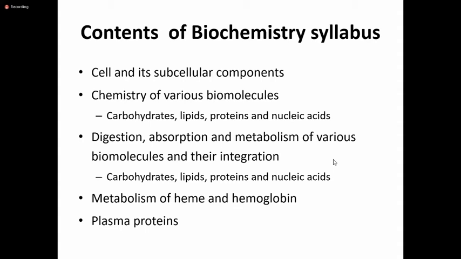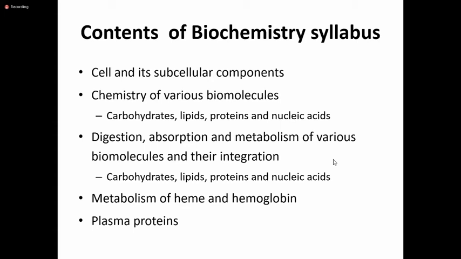So you will learn how heme and hemoglobin are synthesized, because metabolism involves both anabolism and catabolism. Anabolism is how this molecule is synthesized in the body, and catabolism is how this molecule is broken down in the body. Similarly, for carbohydrates, lipids, proteins, some carbohydrates are generated inside the body, that is anabolism.